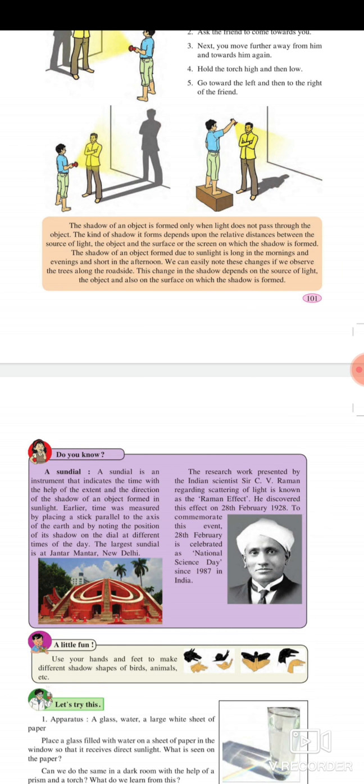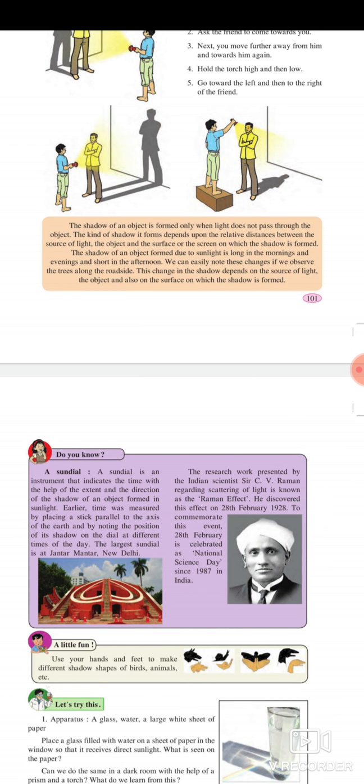We can easily note these changes if we observe the trees along the roadside. This change in the shadow depends on the source of light, the object, and also on the surface on which the shadow is formed.